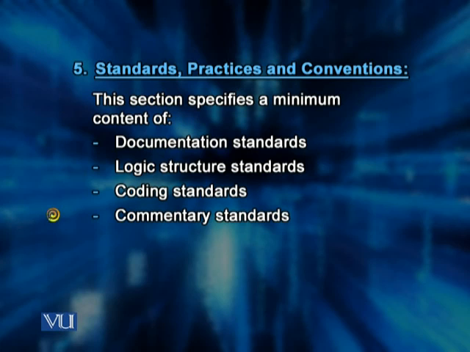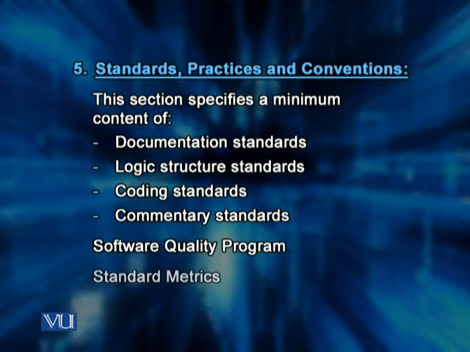It has primarily two subsections. One is the software quality program, which contains information about the software quality program, and the second is standard metrics, which describes the metrics that will be collected as part of the software quality assurance program.